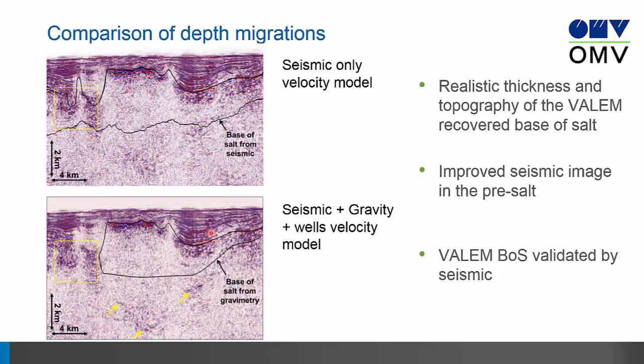So as you can see, the outcome of the VALEM inversion was positive. The VALEM base of salt was deemed very plausible by the seismic team. It was a realistic thickness and topography. And importantly, it has improved the seismic image in the pre-salt. So yellow arrows here point towards areas of improved lateral continuity.